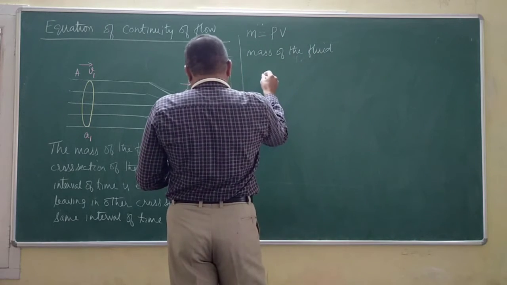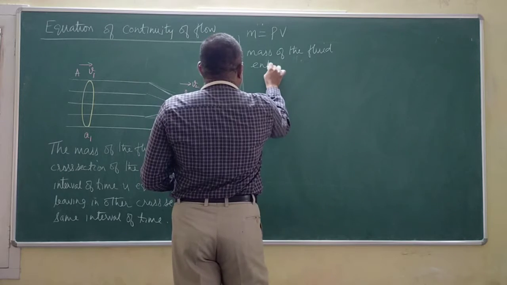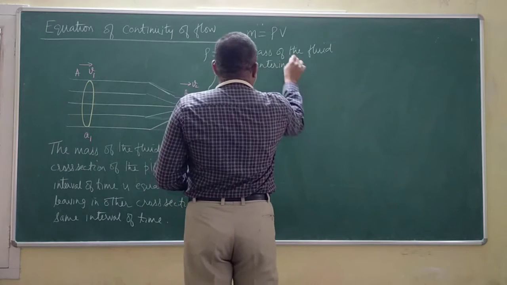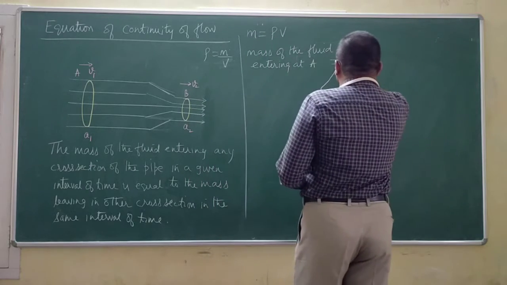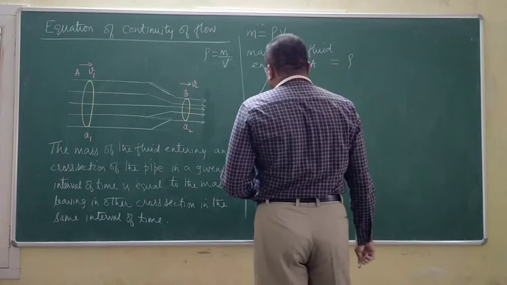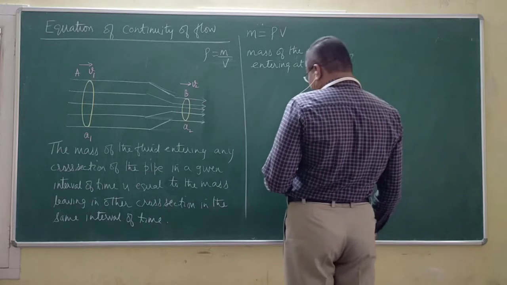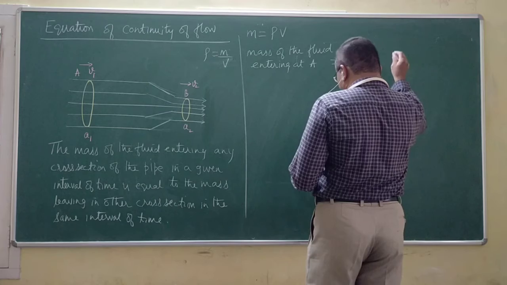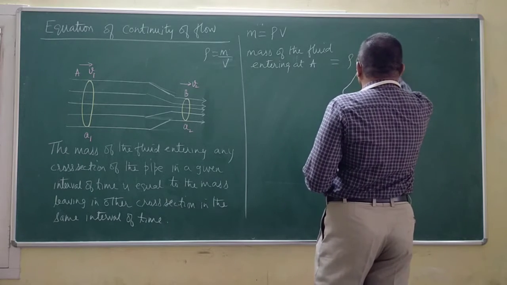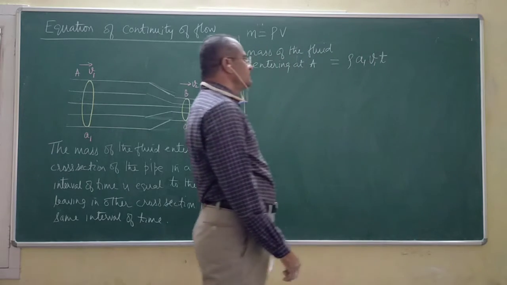If I take the density of the liquid as rho, therefore the mass of the fluid entering at A, I will write as rho, area of cross section A1, velocity V1, in a time of t seconds, let us say.